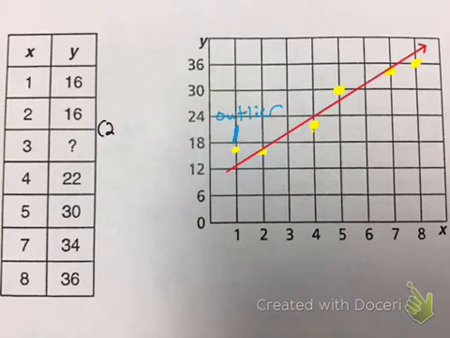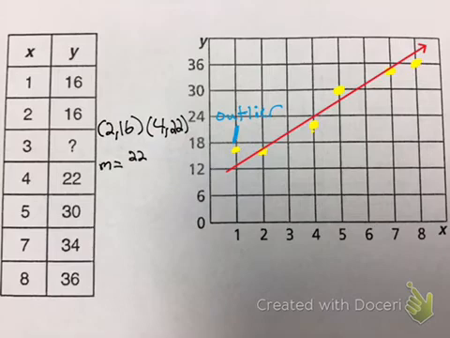I chose the points 2, 16 again because I want to choose a point that's on the other side of what we're trying to find. And then I chose 4, 22. I know it seems those 2 points are side by side, but because of the x in between them, it'll work out fine, and it will put that point close to our best fit line.